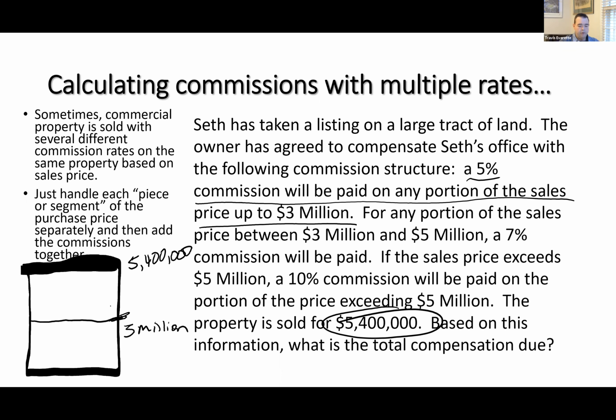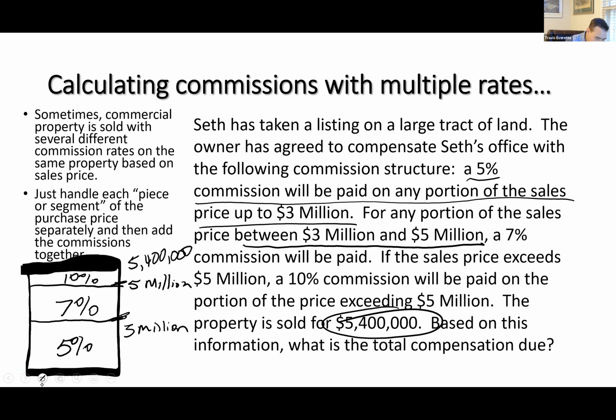And it says for any portion of the sales price between 3 and 5, a 7% commission will be paid. So imagine 5 million is right here. There's another line right here. They told me that down here it's going to be 5%, in the middle here it's going to be 7%, and up here at the top it's going to be 10%.